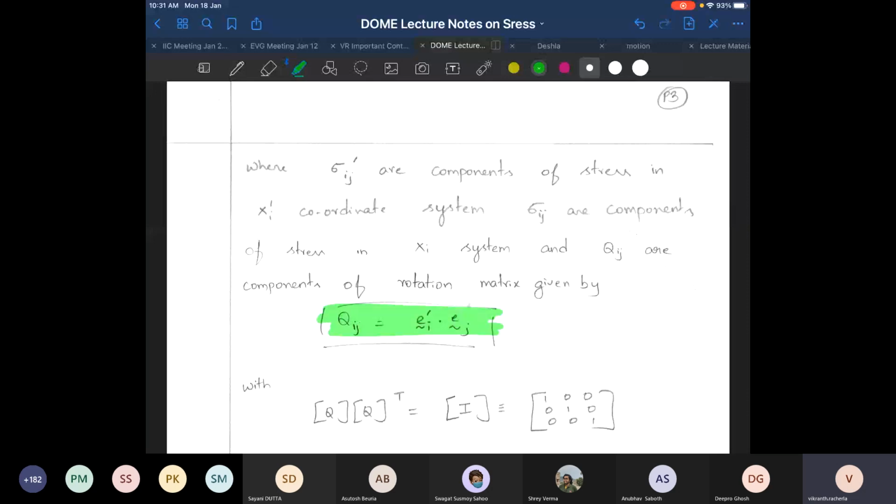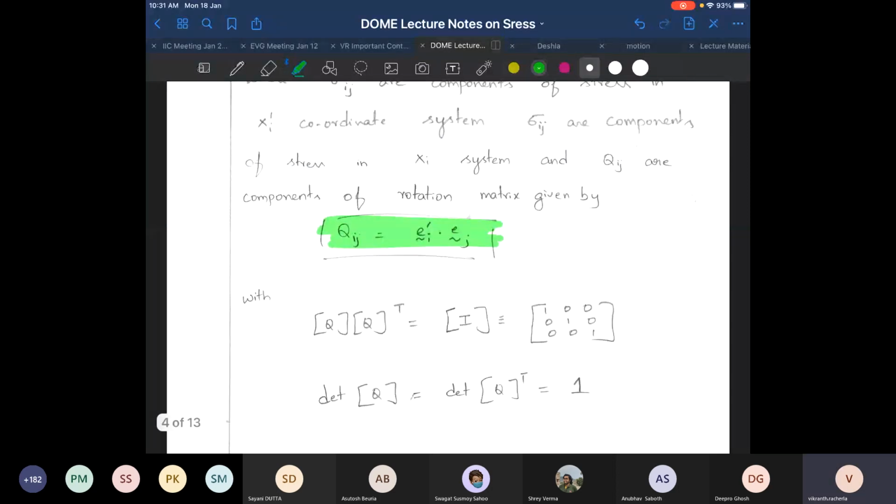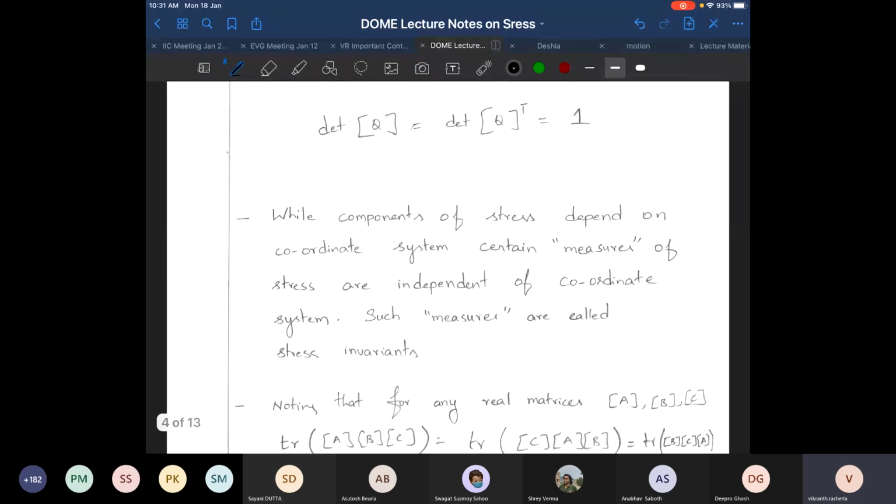You can use this vector product to get the components of Q. Q has some properties. It's a rotation matrix, so Q transpose Q will be equal to identity, and the determinant of Q will be equal to plus 1. These are the properties that the rotation matrix will have.